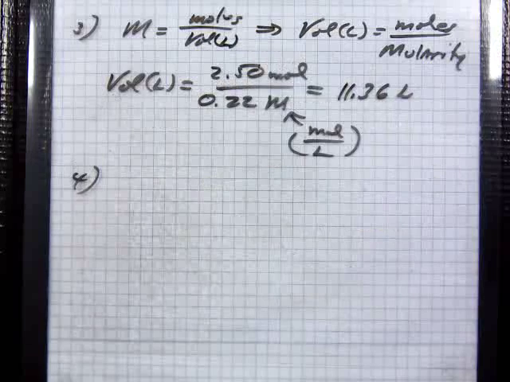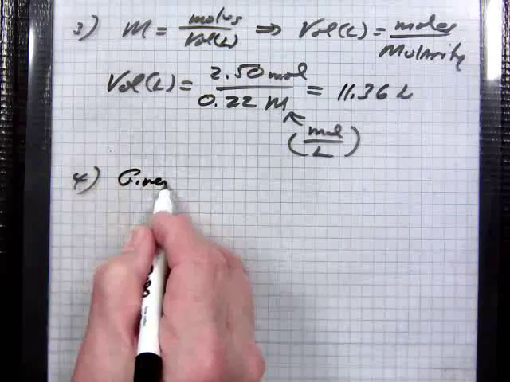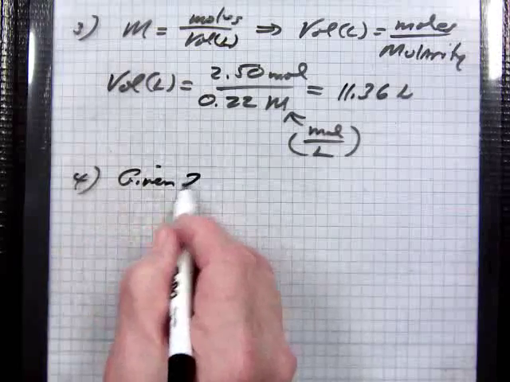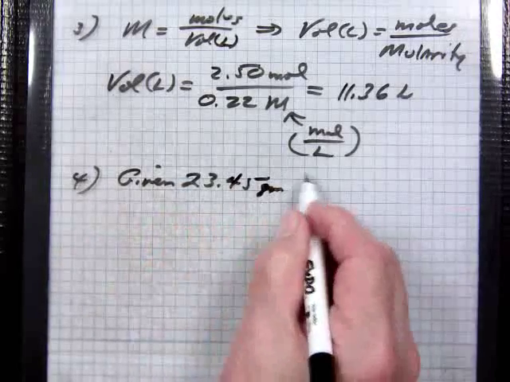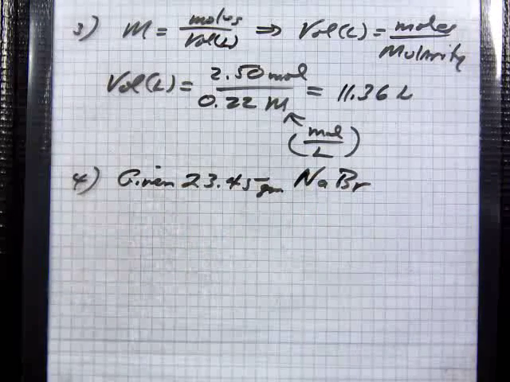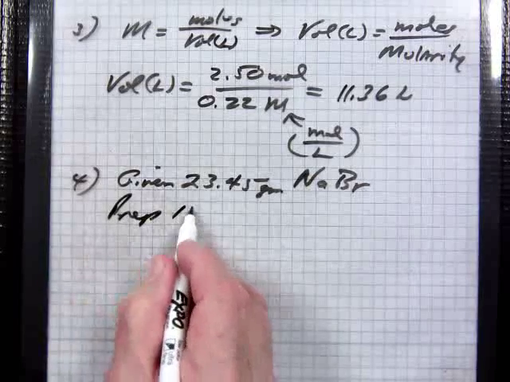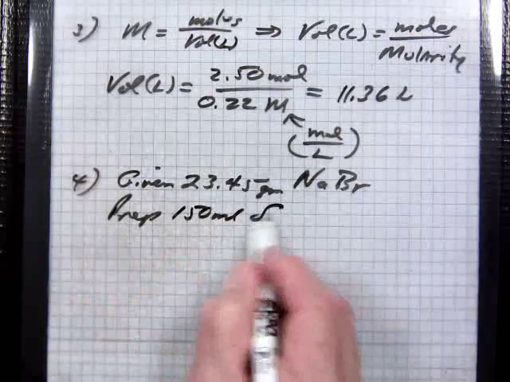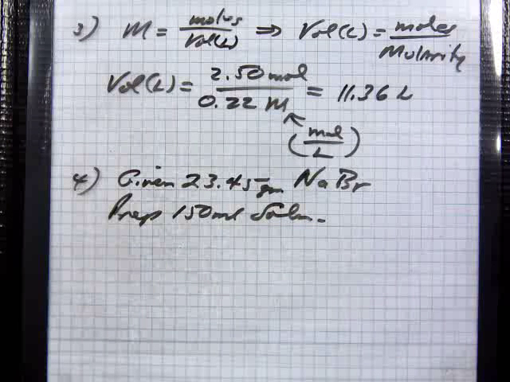Okay, so we're given 23.45 grams of sodium bromide and we prepare a 150 milliliter solution. So you're going to put 23.45 grams of sodium bromide in 150 ml of solution.